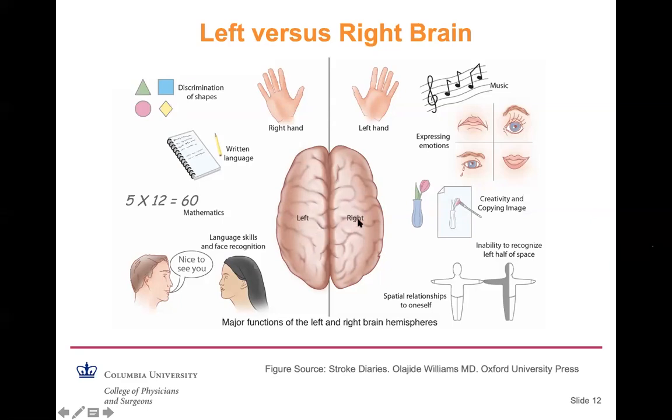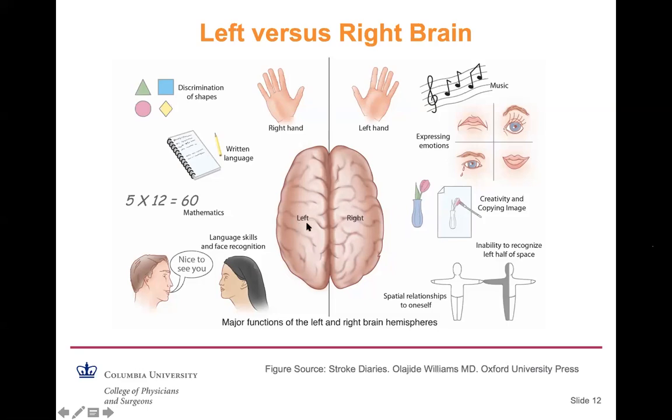The right hemisphere is very important for spatial orientation, so your ability to be oriented in space and to recognize space is located in the right hemisphere. There are other functions that the right and the left hemisphere are involved in, but the important ones are really spatial orientation as well as language.